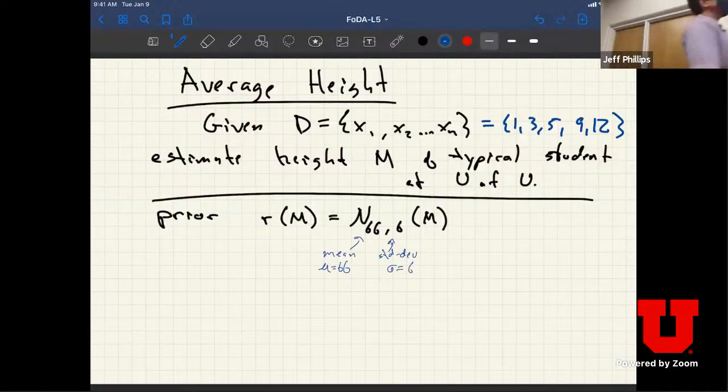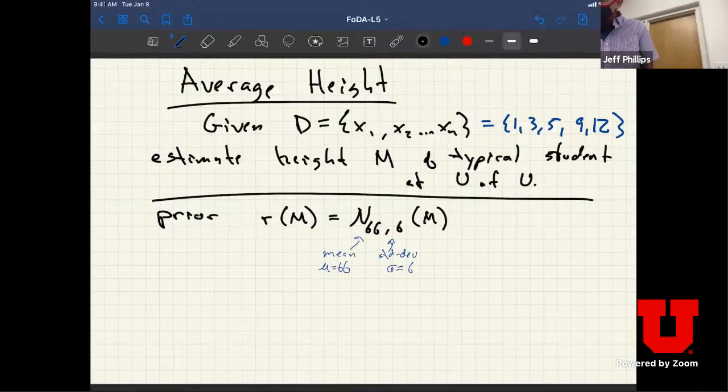Let's say I gathered some data from a national database or collection analysis of students, and I found that the average student was 66 inches tall, and the standard deviation was 6 inches across all students.